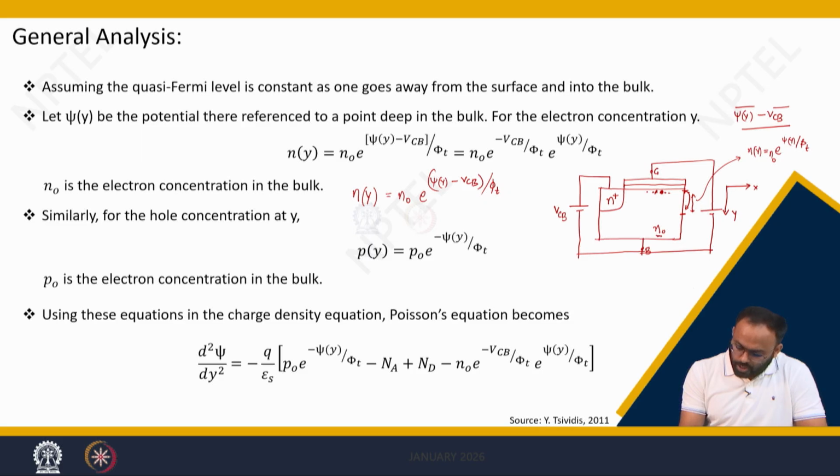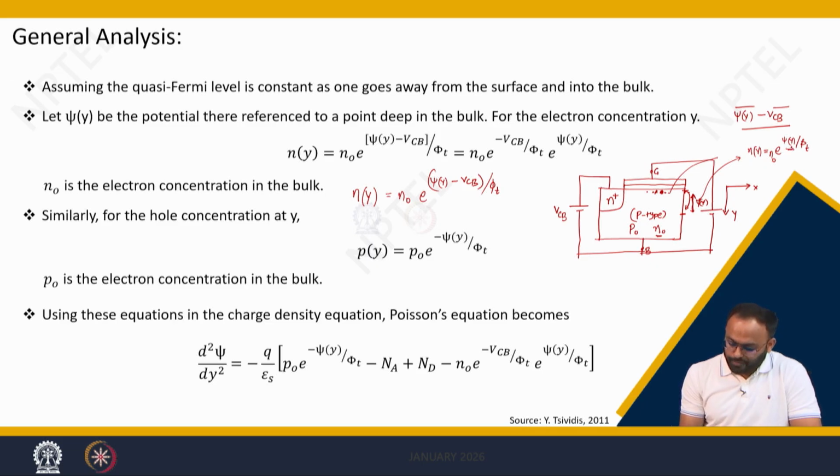Here n naught is the equilibrium electron concentration and P naught is the equilibrium hole concentration for a p type body. So obviously when you apply a positive voltage, this positive voltage of psi y dropped here will cause more electrons, and hence you are getting a positive exponent.